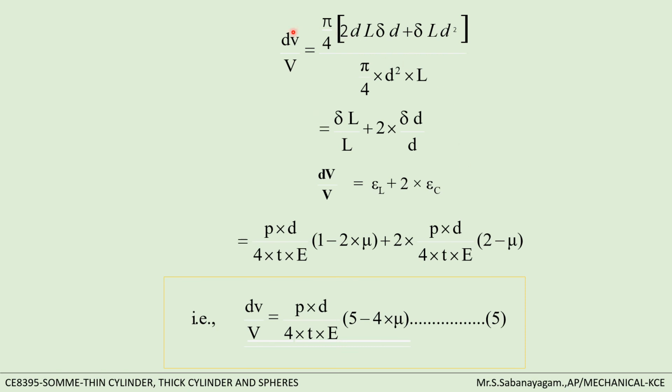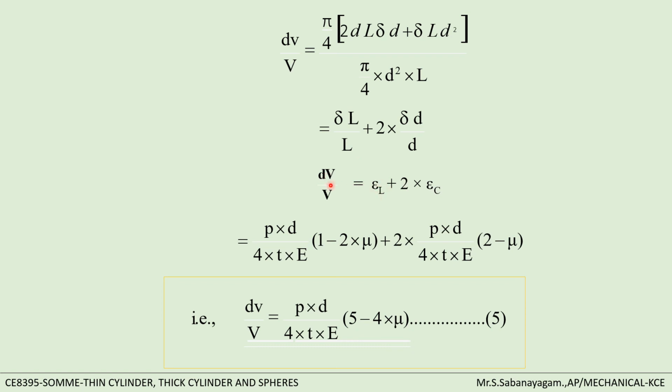So the change in volume dV by V. In the previous slide we had calculated volume of the cylindrical shell, that is original volume, and change in volume separately. Now we are substituting those values in this relation. We will get dV by V is equal to del L by L plus 2 into del D by D. That is the change in diameter by original diameter is circumferential strain. Change in length by original length will be longitudinal strain.